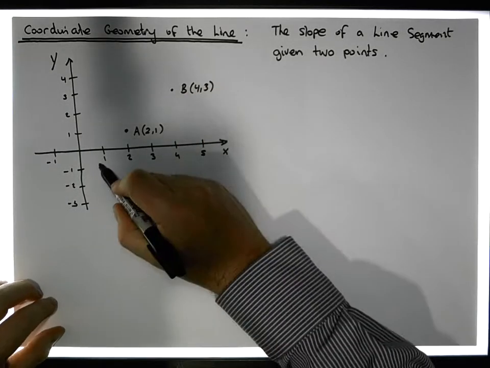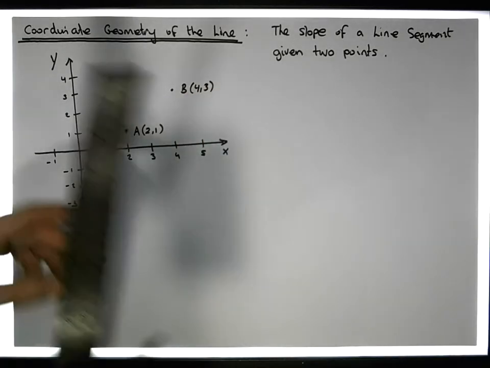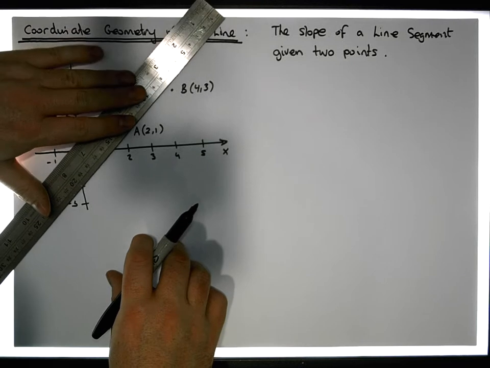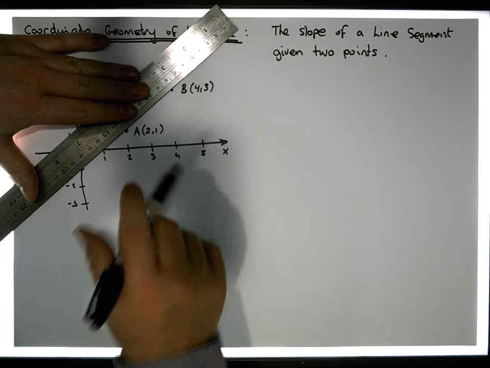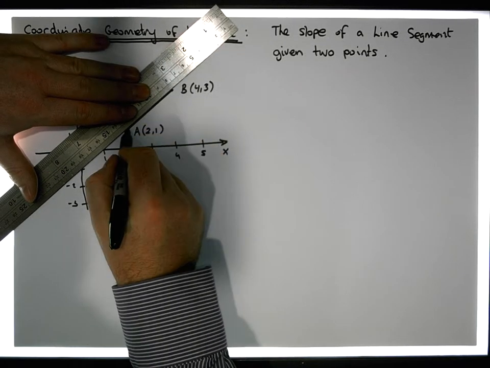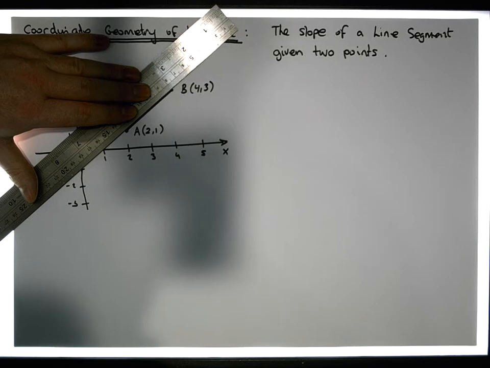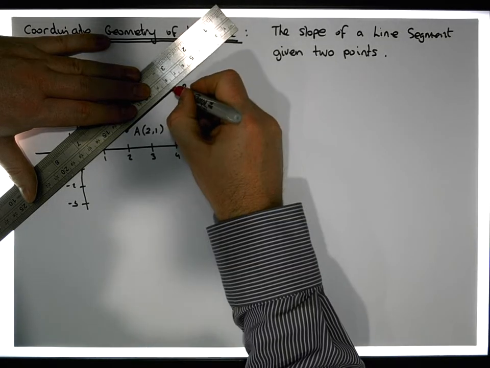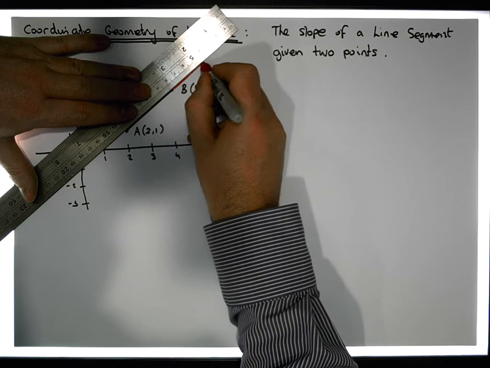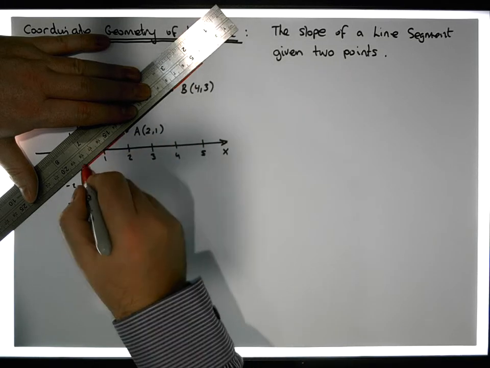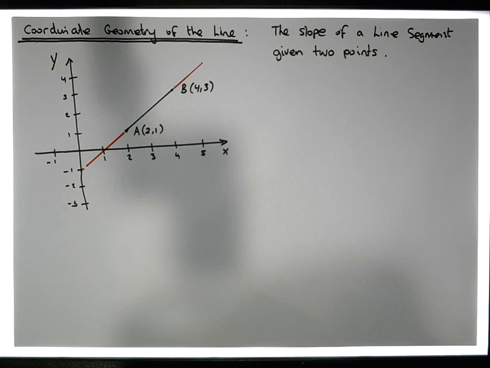What we have is a line that goes through these 2 points. We have a line segment, if you want to think about it like that, but we do have a line, which technically continues on in this direction and also in this direction down here. So we have a line through these 2 points A and B, and the question is, what is the slope of this line segment AB?